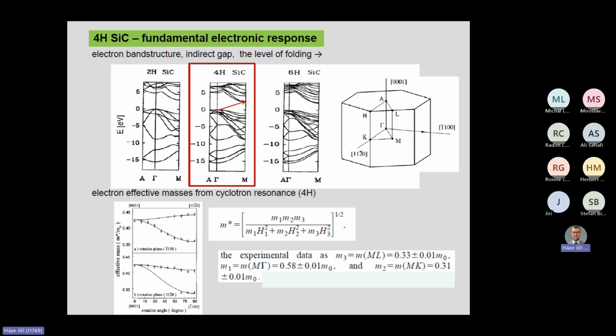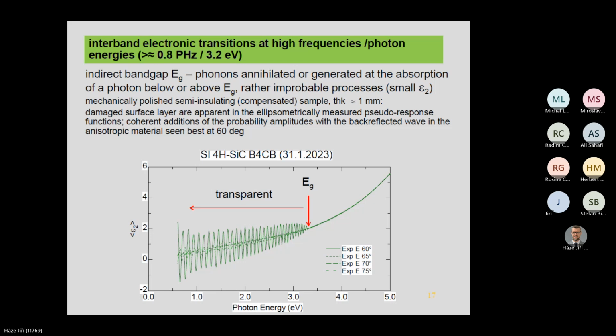So how does the optical response in this range look like? I have selected a spectrum document that is automatically generated by the EU.